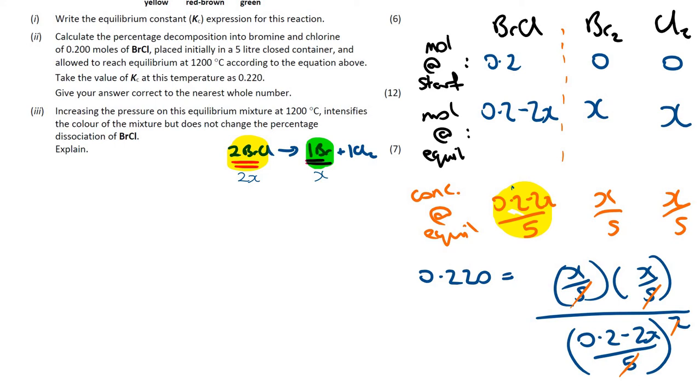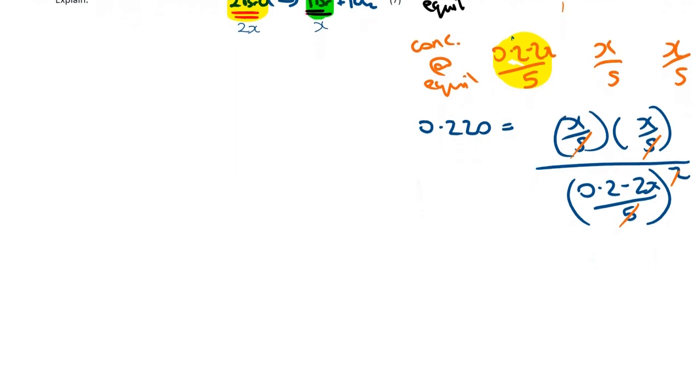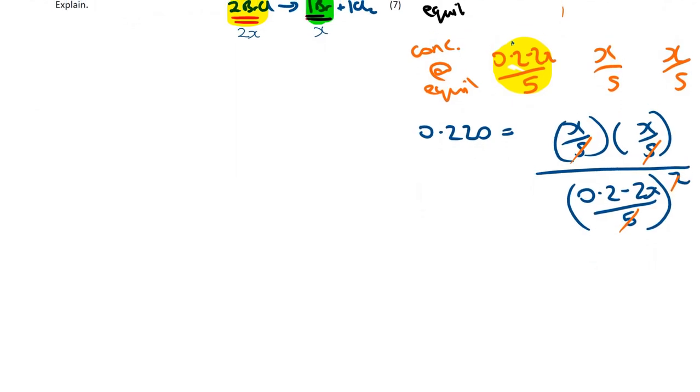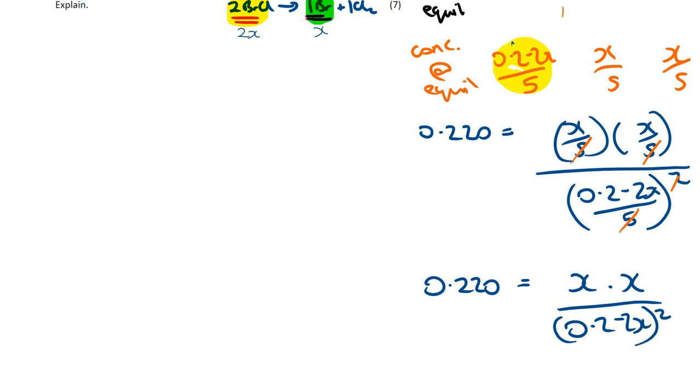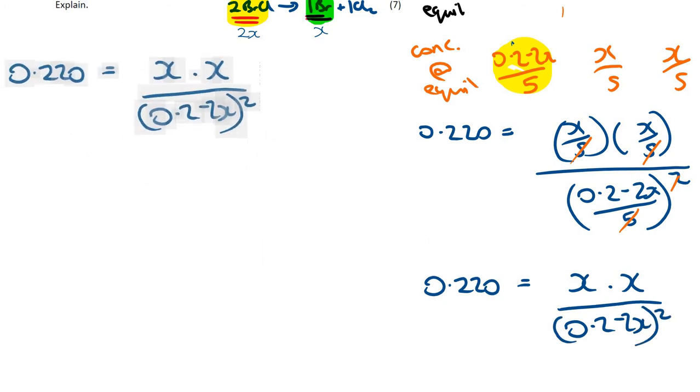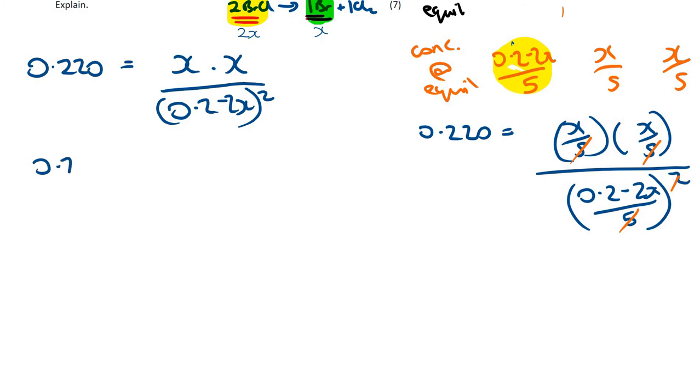So I'll essentially just rewrite it, and you don't have to write it out like that every time. I'm just doing this to explain it. So our Kc, you don't need to include the volume if there's equal number of moles on both sides of the reaction. So it's going to be x times x over 0.2 minus 2x squared. So transferring this here, we just have 0.220 equals x squared over 0.2 minus 2x squared.